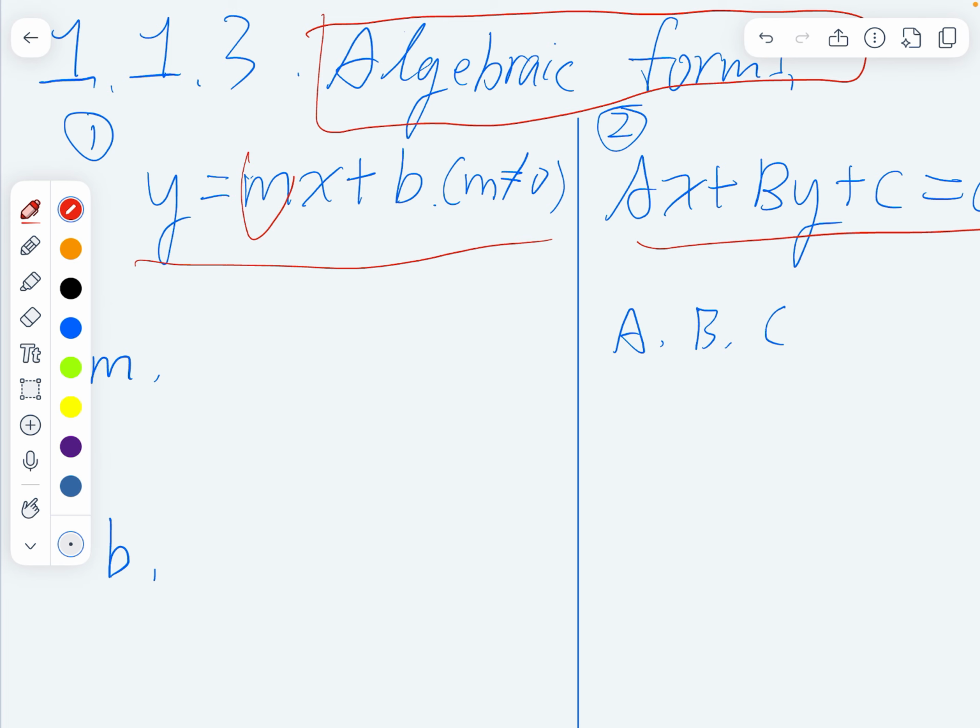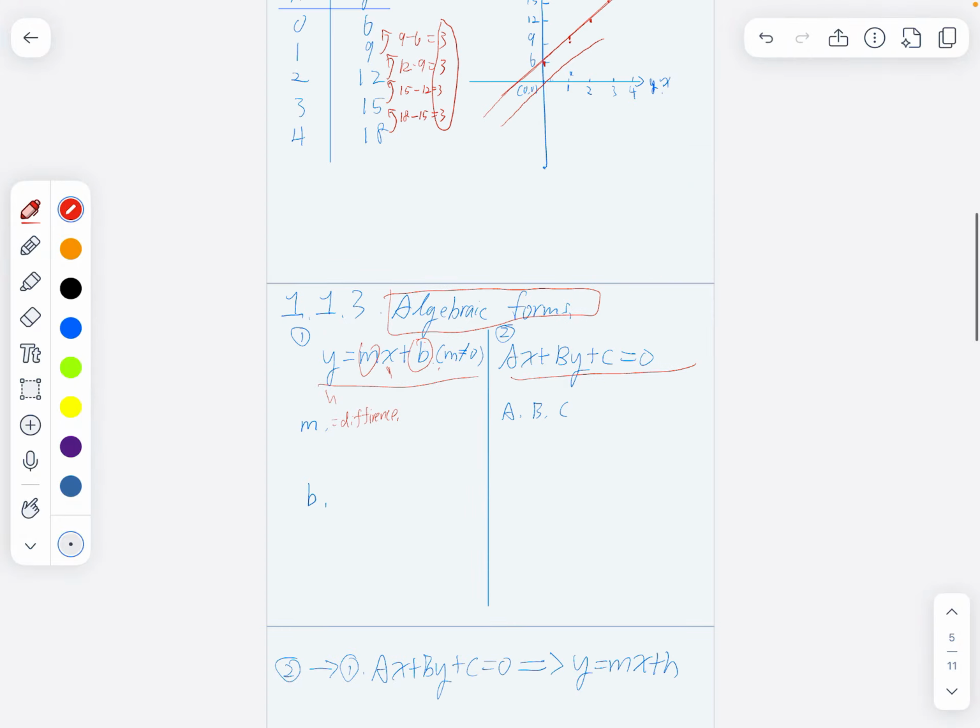We can find there are two values, m and b, right? Because of the x values, we do not talk about that anymore. So what's the m? M is called the slope, right?